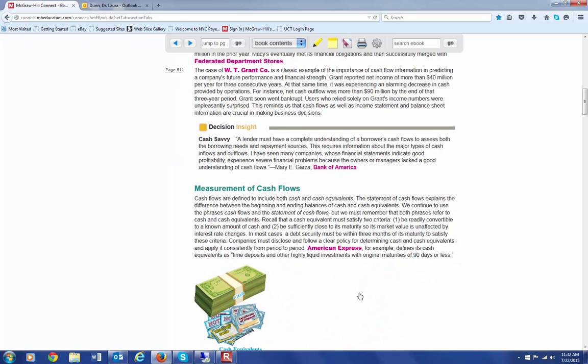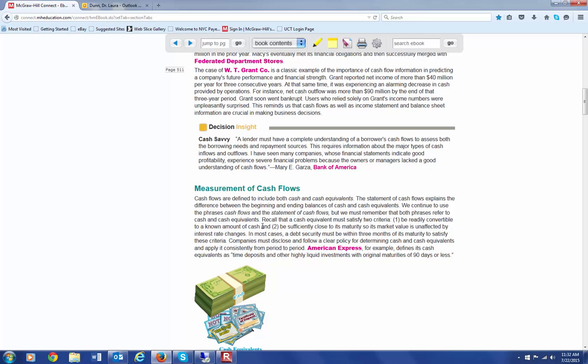Now, when we talk about cash flow, we're not just talking about the actual dollars that you might have in a bank account. There's also something called cash equivalents. And cash equivalents are anything that can be readily converted to cash and is also sufficiently close to its maturity date so its market value is unaffected by interest rate changes.